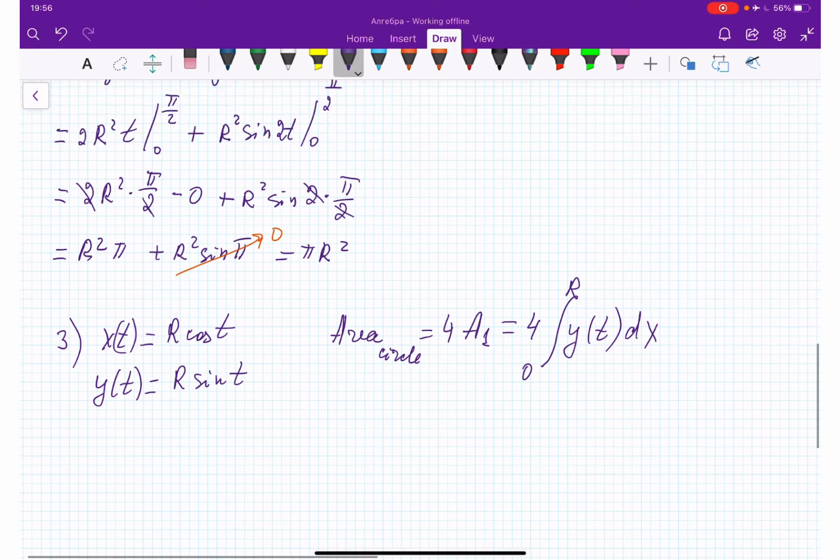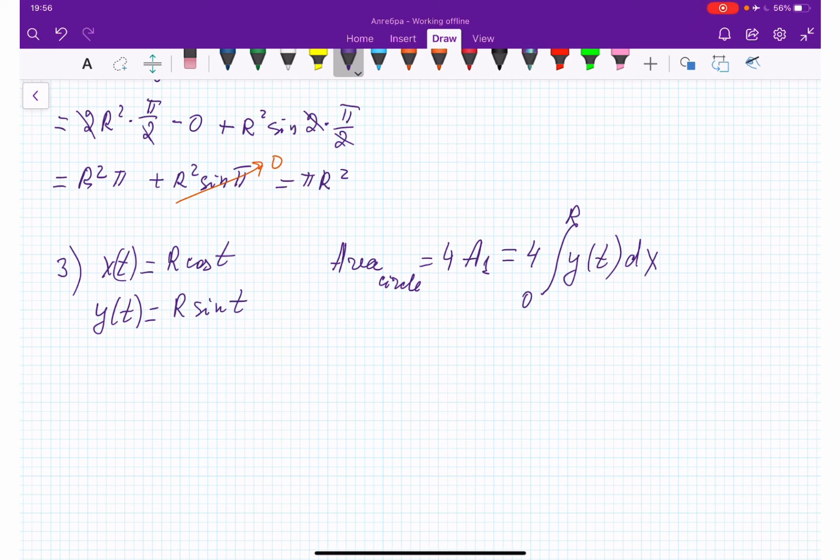So to put dx under a derivative, it's going to be 4 times the integral from 0 to r of y of t, and the derivative of x is x prime of t dt. Okay.